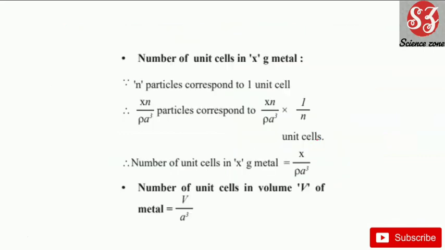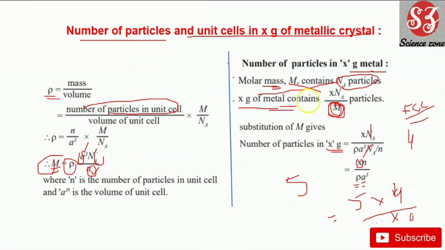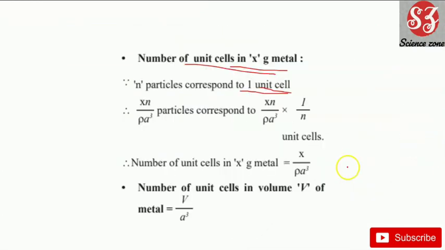Okay, now number of unit cell in x gram. Now number of particles you have found out here. Now you have to go toward number of unit cell. For that, n particles correspond to 1 unit cell. As I have told you that here the 4 particles correspond to 1 unit cell. So n particles correspond to 1 unit cell.